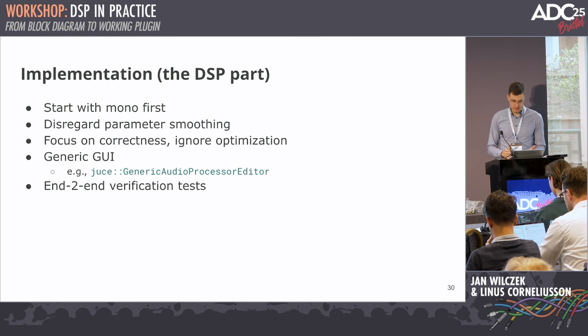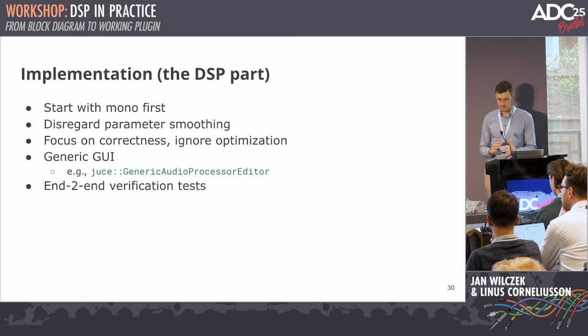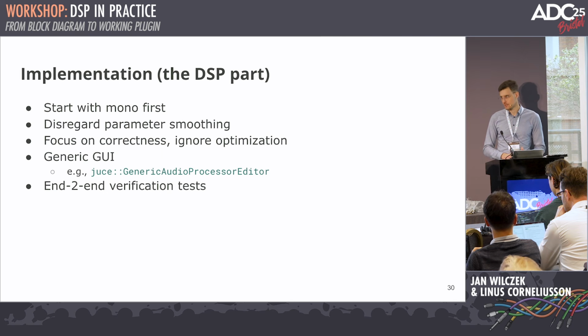So a good rule of thumb is to start with mono first. So just process a single sample, and don't focus on parameter smoothing, but focus on correctness, disregarding optimization. So we don't want to make our code run fast in C++. We just want to make it run correctly.